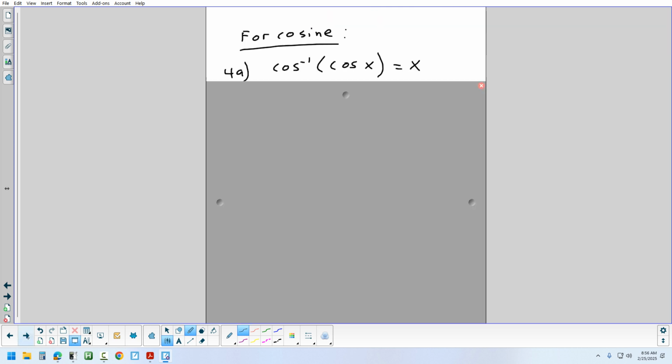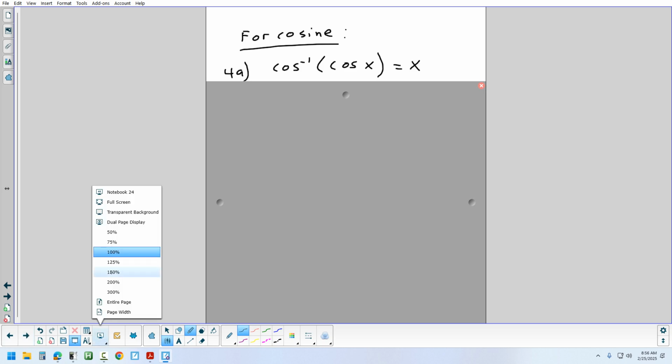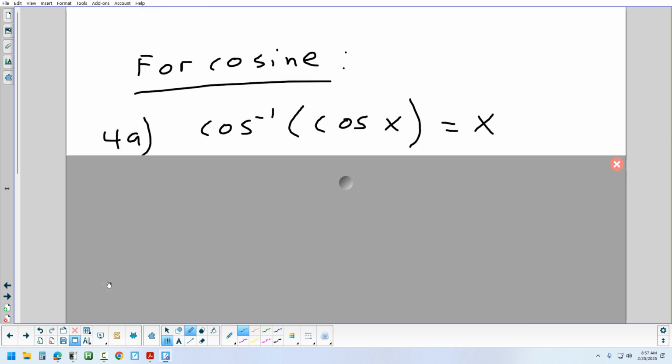All right. Okay, let's look at cosine. Okay, so inverse cosine and regular cosine do cancel each other out. And what you get back is exactly what you typed in if you started with an angle between two numbers. Does anyone remember from yesterday what the angle had to be between when we were dealing with cosine?